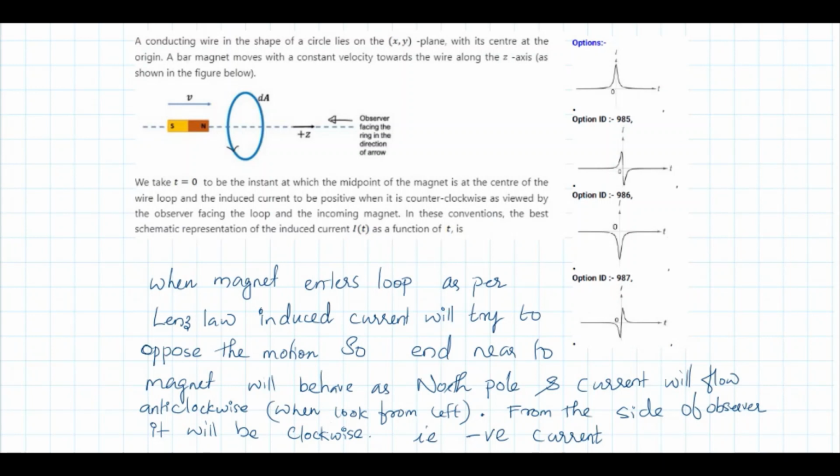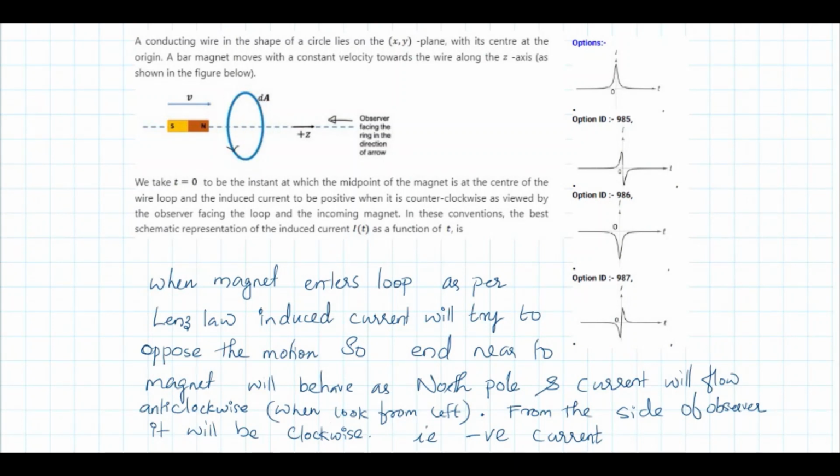Now, when this magnet approaches the loop, there is a flux change associated with the loop, and according to Faraday's law, an EMF will be induced in the loop, and since the loop is closed, a current will flow through it.